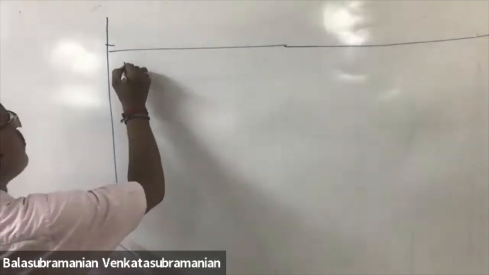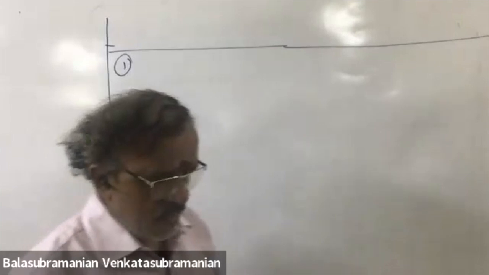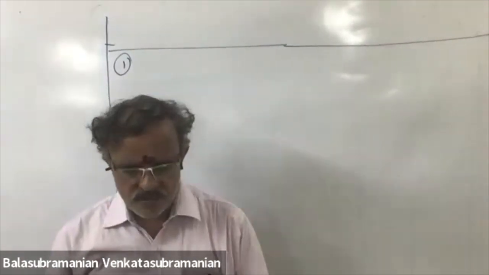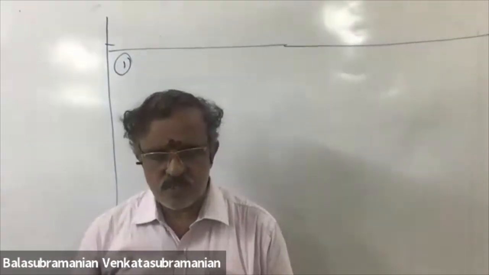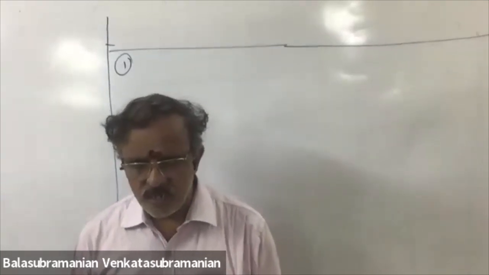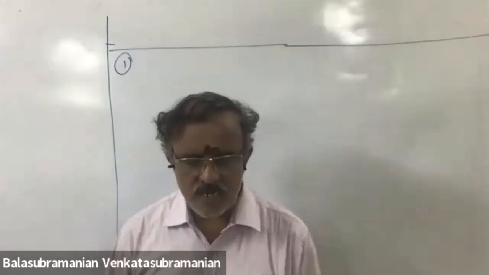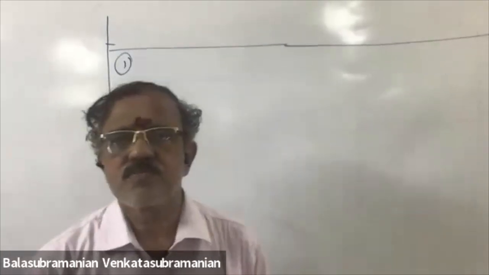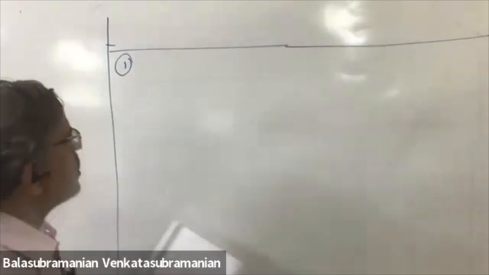First problem: the separation between C and O atoms in CO is 1.2 Angstrom unit. What is the distance of the carbon atom from the center? Center of mass related.